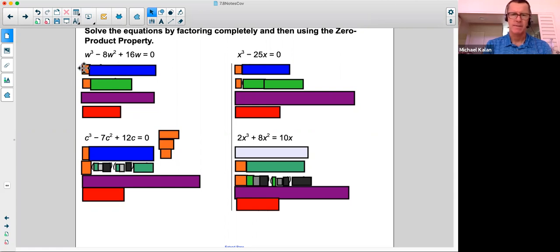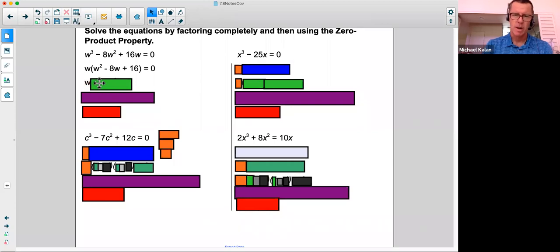Is there a GCF? Yes. What's left inside? Can I factor that further? Yes. How? It's a perfect square trinomial because the first term and last term are perfect squares, and one of the square roots of 16 is -4, times w is -4w, doubled times 2 is -8w.